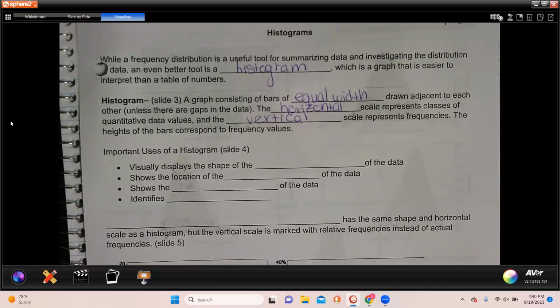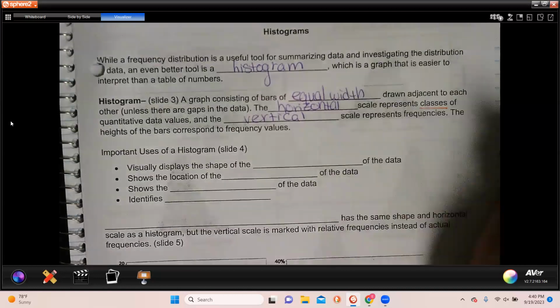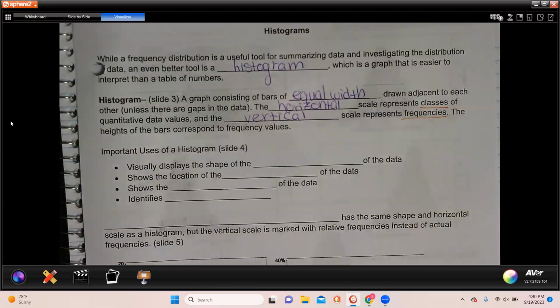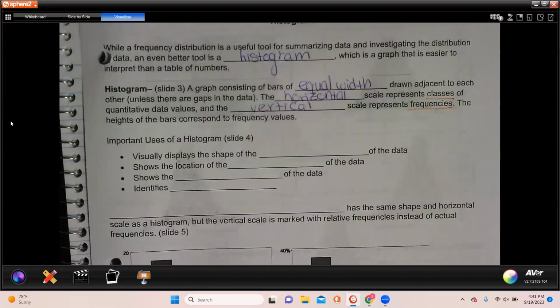If a class had a frequency of 0, there will be a gap there. The horizontal scale represents the classes of the data, and the vertical scale represents the frequencies. So the heights of the bars correspond to the frequency values. Whichever has the highest bar has the highest frequency.